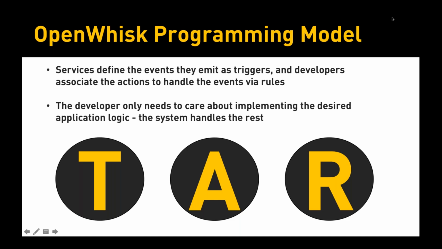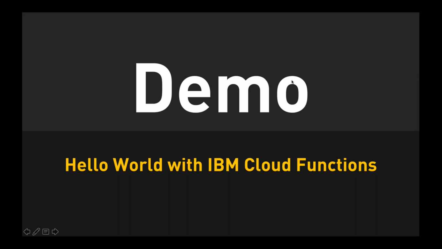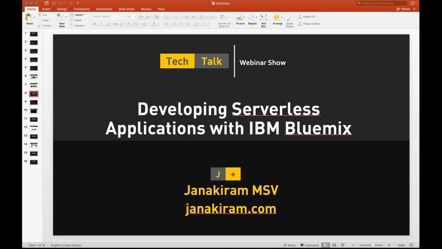So a data source like a database or an IoT sensor will directly fire the trigger, and the trigger will go to the rule, and the rule will figure out what are the actions associated, and they get invoked in a specific sequence. So that is how we will end up wiring the actions with event sources via triggers. So this becomes very, very clear when we see a demo. So let me show you a very quick demo.